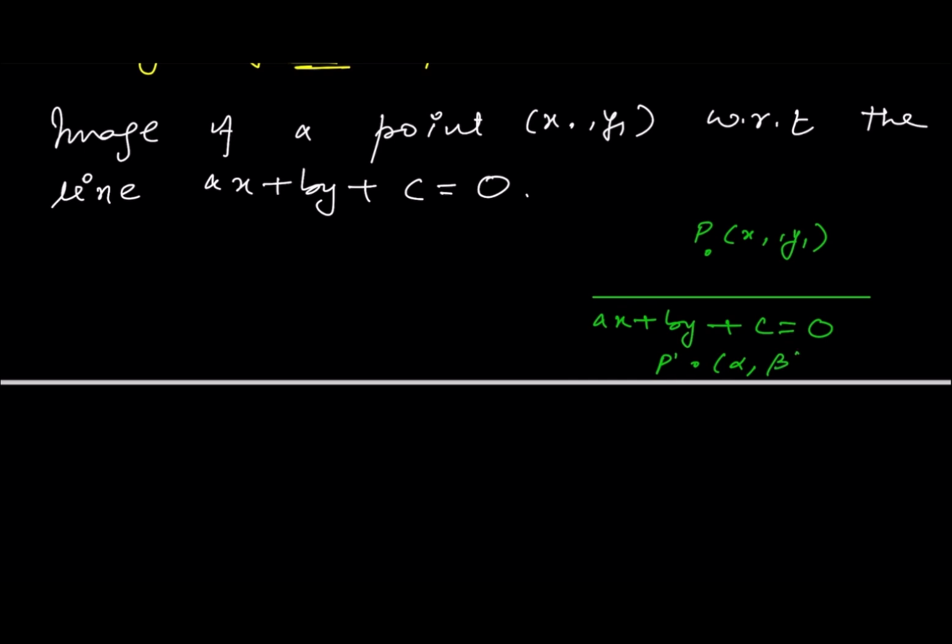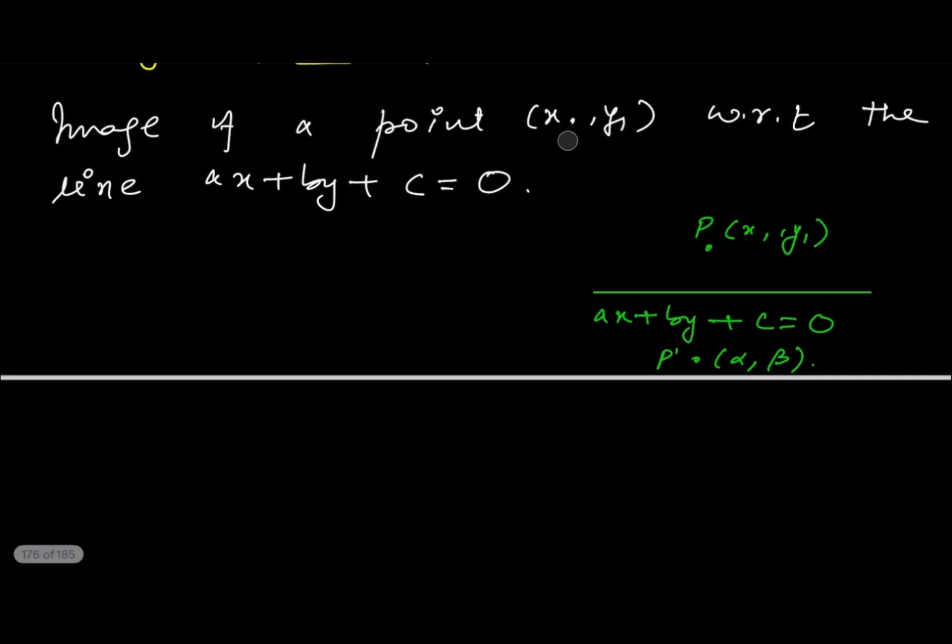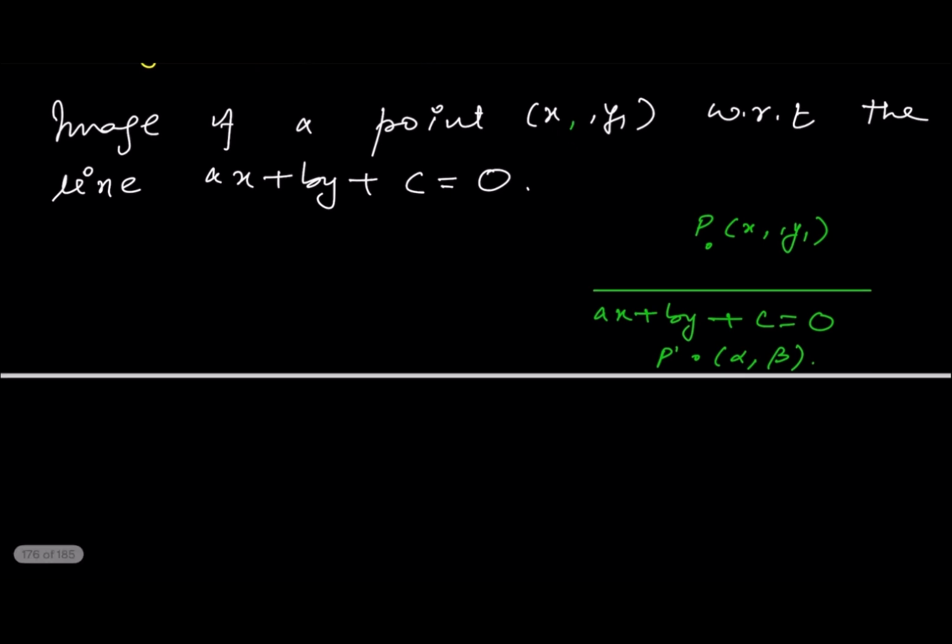Let's say alpha and beta are the coordinates of P'. We have to find them in terms of x1, y1 and a, b, c.